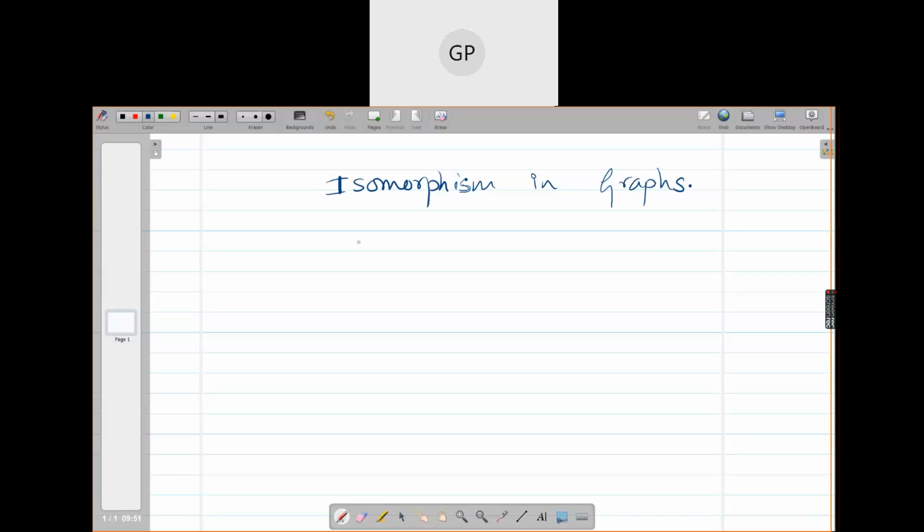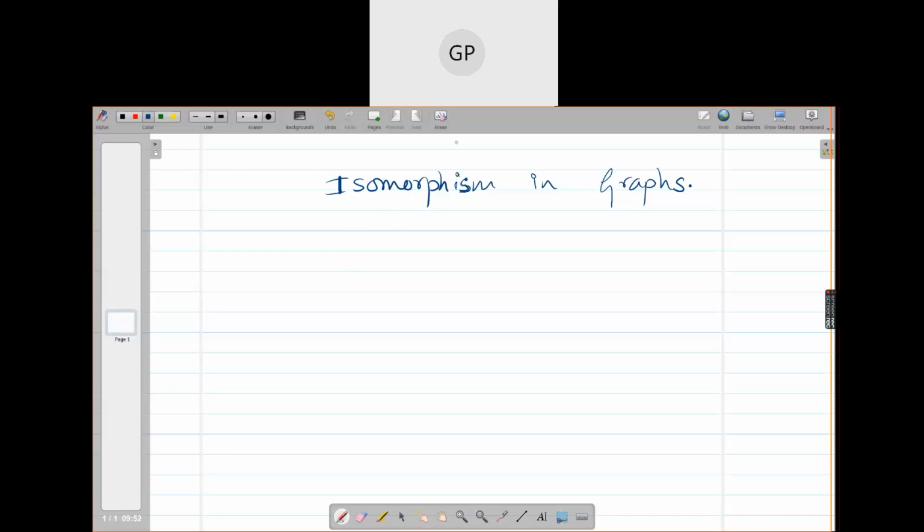In school days, if you remember, you have done congruence of triangles. You remember that? Yes, ma'am. Okay. Similarity and congruence, there is a difference between them.